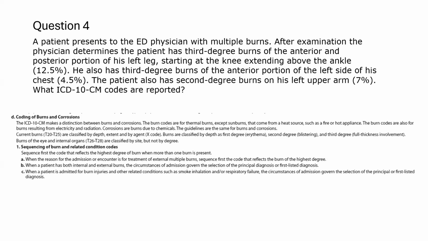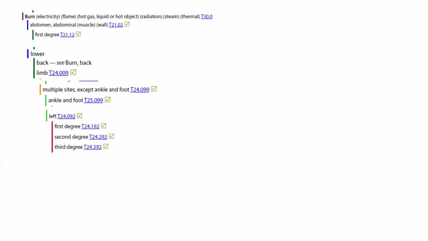In the ICD-10-CM guidelines, I.C.19.d.1 indicates when more than one burn is present to sequence first the code reflecting the highest degree of burn, which would be 3rd degree. So let's find the ICD-10 codes.